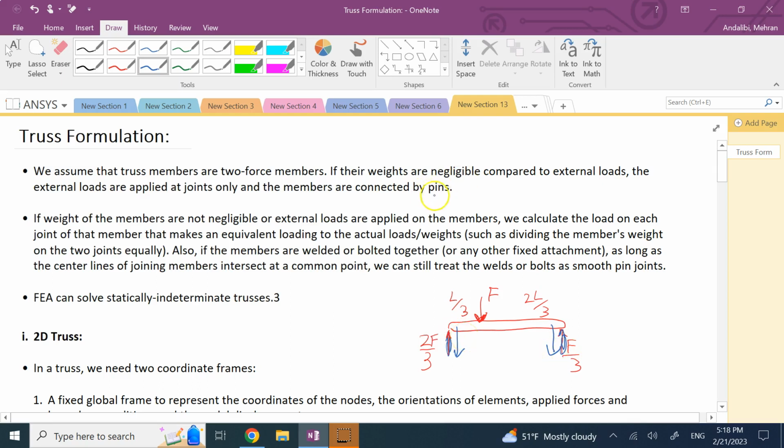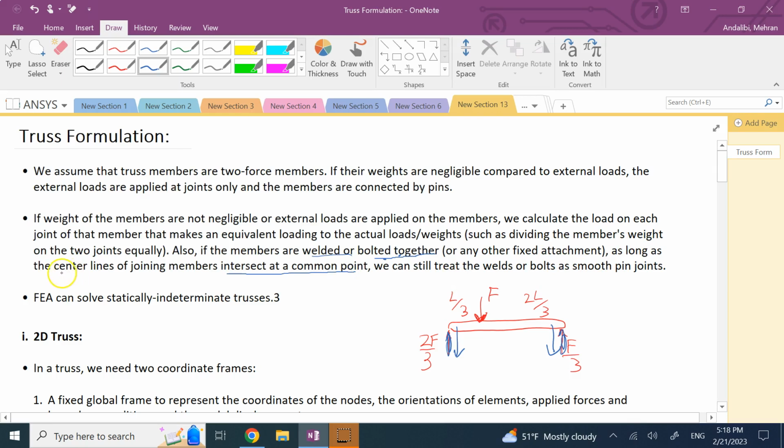What about the pins? If the members are not pinned together, if they are bolted or welded together or any other kind of fixed connection like rivets or something, can you still say that I can assume the two-force member? Well, you can show that as long as the connecting lines of the centers of the members intersect at a common point.